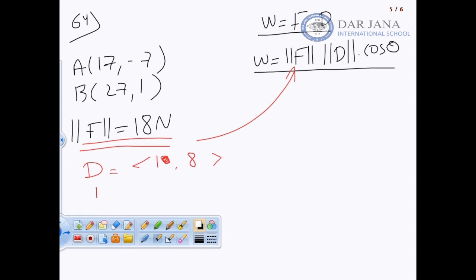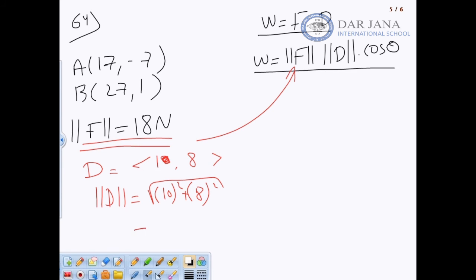That means the magnitude of the displacement equals the square root of 10 squared plus 8 squared, which, using your calculator, equals 2 radical 41.